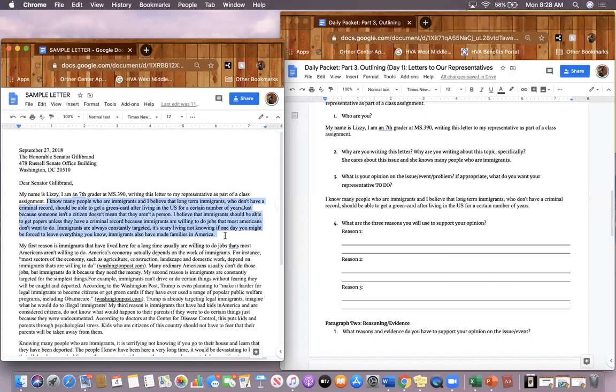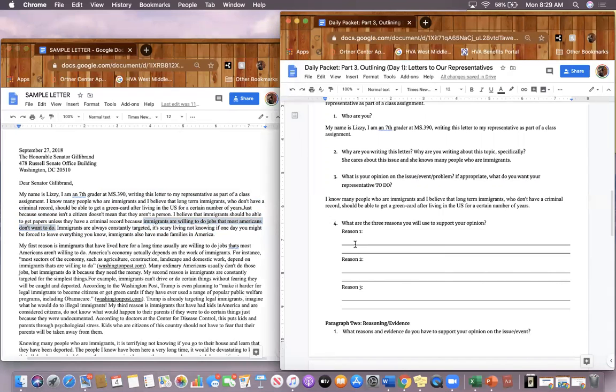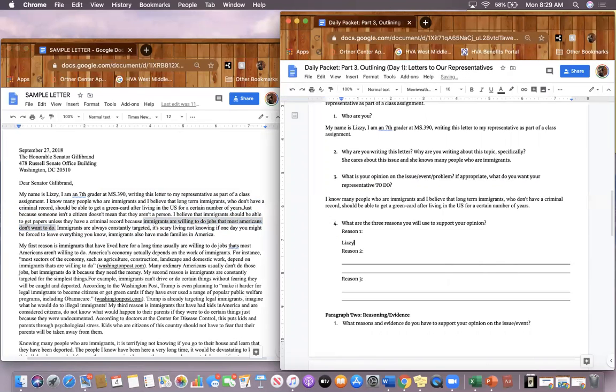Immigrants are willing to do jobs that most Americans don't want to do. That seems like a very clear reason that Lizzie has offered. So for reason 1, I'm going to say that Lizzie says immigrants are willing to do jobs most Americans aren't willing to do.